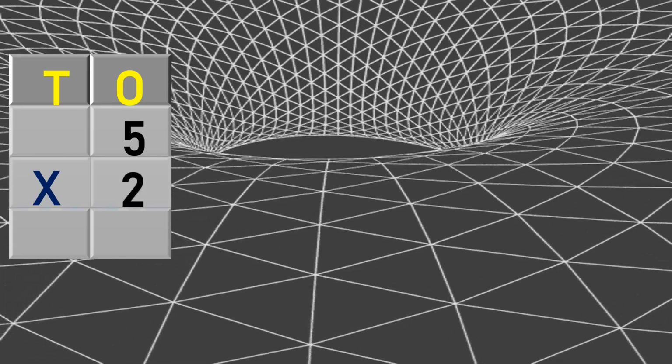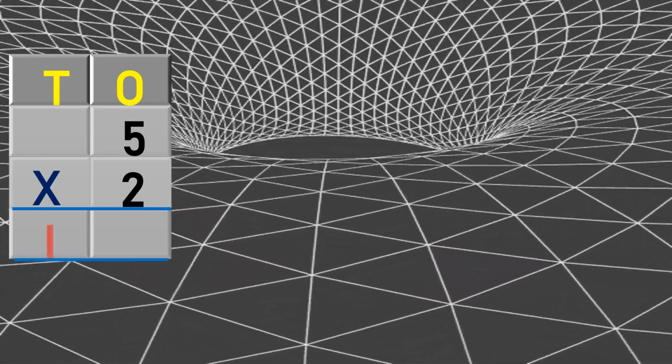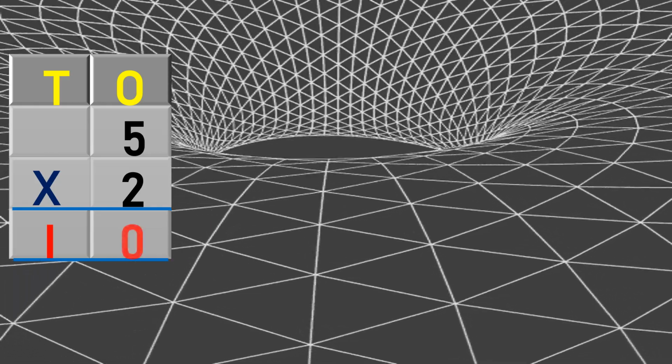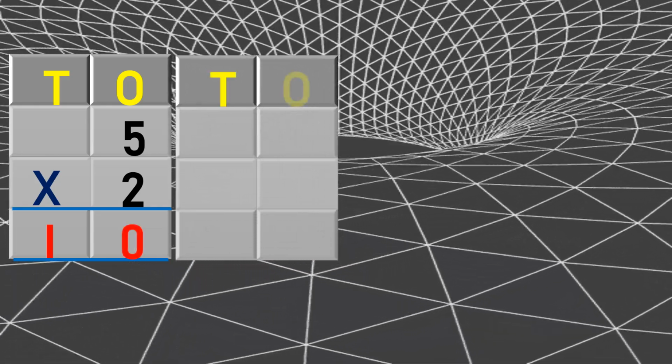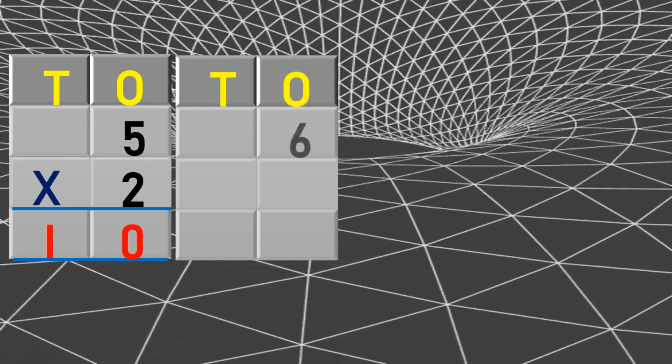5 into 2. What will be the answer? Quickly go to table 5. 5 twos are 10. Now let's see the next one. 6 into 3.